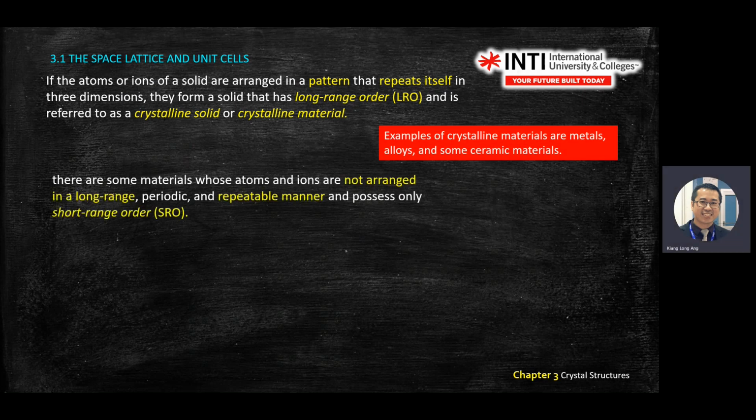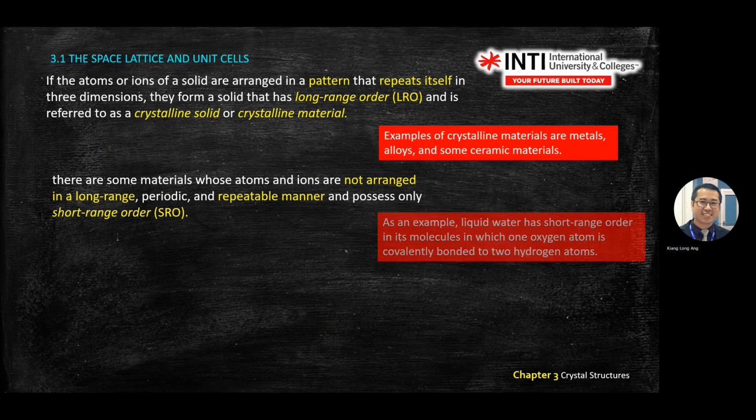Crystalline solids, for example, are normally metals, alloys, and ceramic materials. In chapter 1, you learned about types of material, you learned about metals, you learned about ceramic. Some materials have short range order. For example, water has a very short range order.